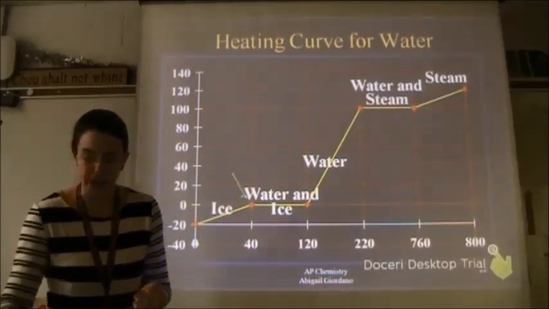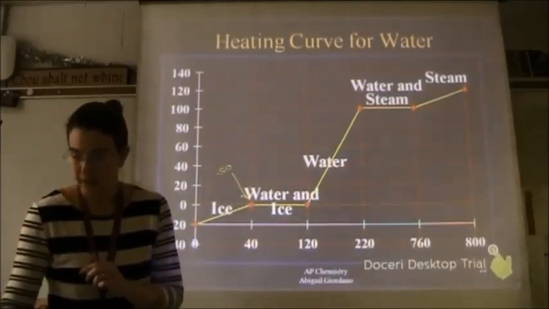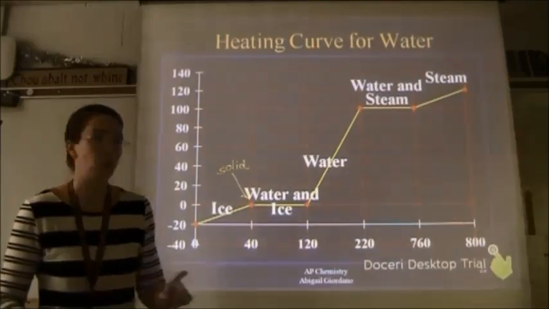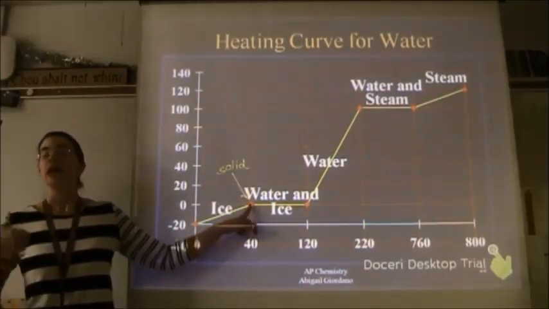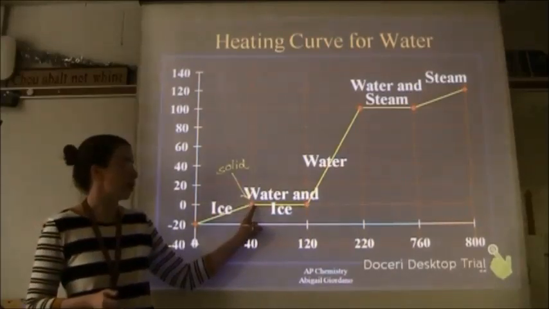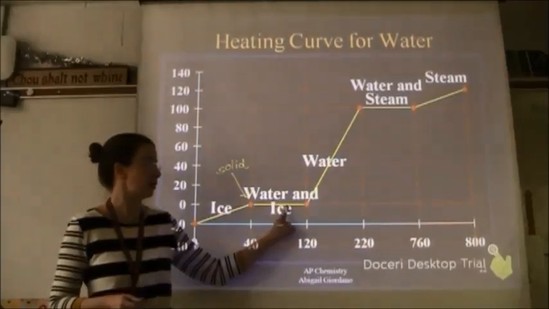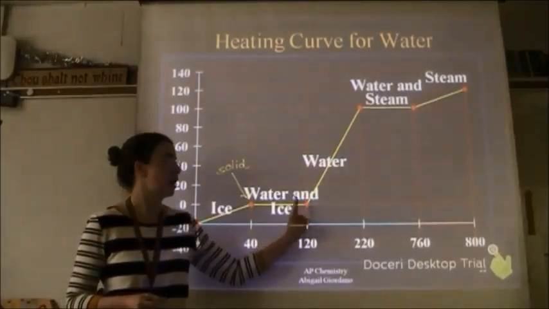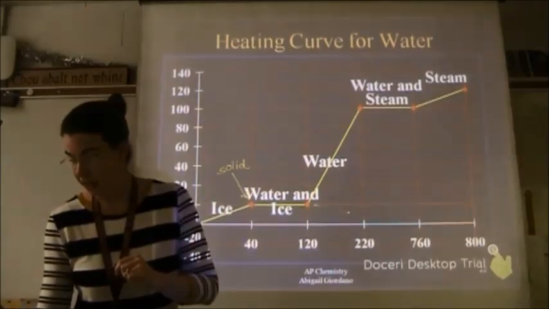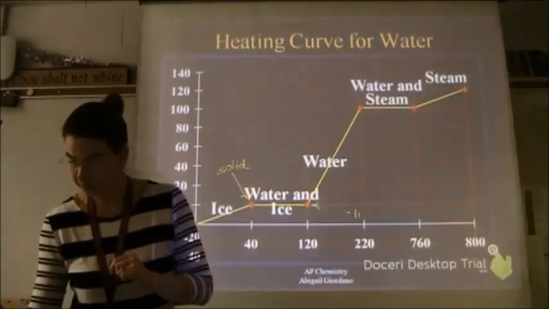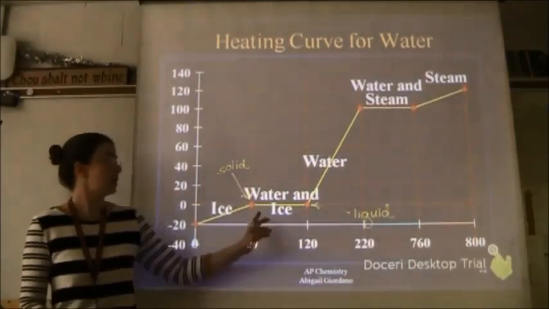At that point, right there, that ice is still 100% solid. Now, what's going on as I cross over here? It's melting, melting, melting, all melted. So at that point right there, we are 100% liquid.